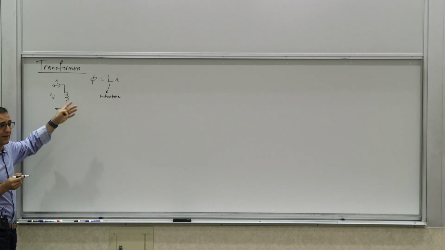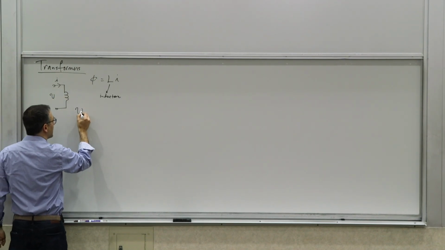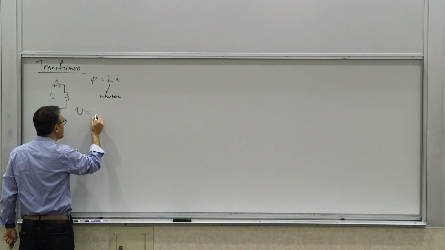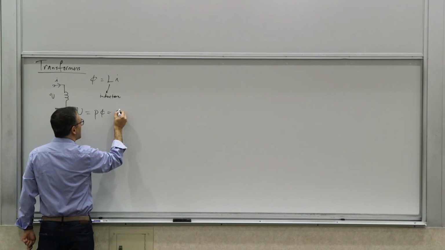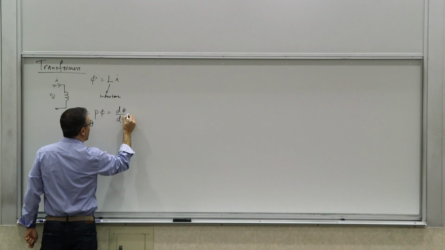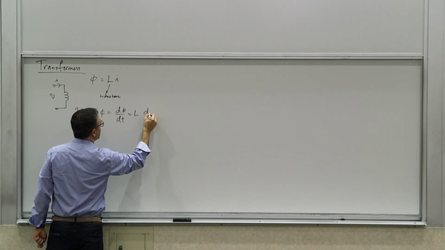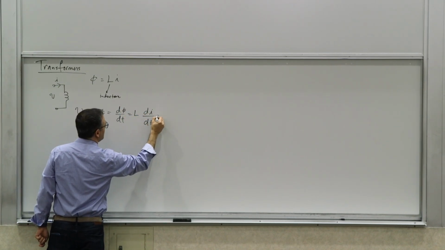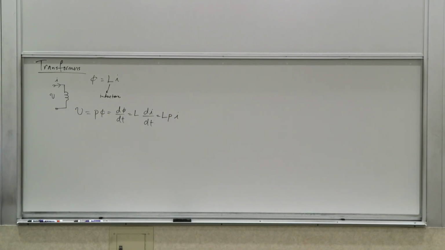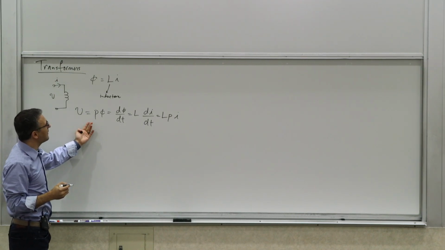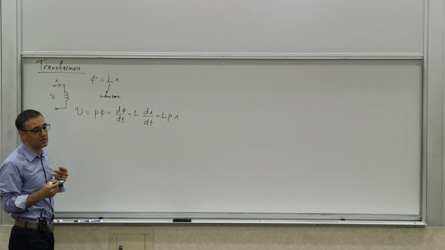By Faraday's law, the voltage across this device is the derivative of the magnetic flux, d phi dt. If you plug that in, you get L di dt, which is L p i in our notation, using the Heaviside operator. So this was the definition of an LTI inductor.